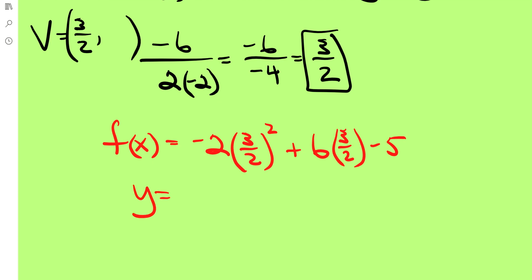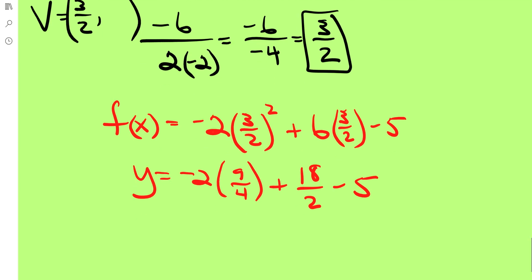So f of x is y, of course. So first I'm going to have negative 2 times 9 over 4. And plus, we'll call that 18 over 2 minus 5. You can let your calculator do all this too, by the way.